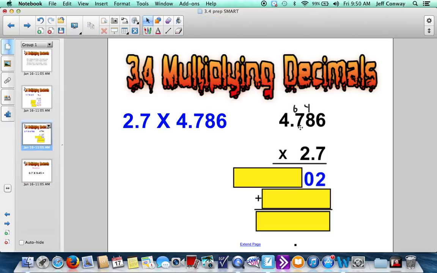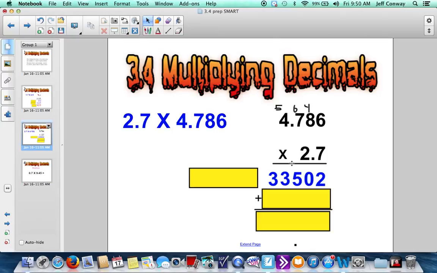Then I go 7 times 7 is 49, plus 6 is 55. So then I have to carry over my 5. Then I have 7 times 4, which is 28, plus 5 is 33. But because I don't have any other numbers to multiply with, I put down the entire 33.